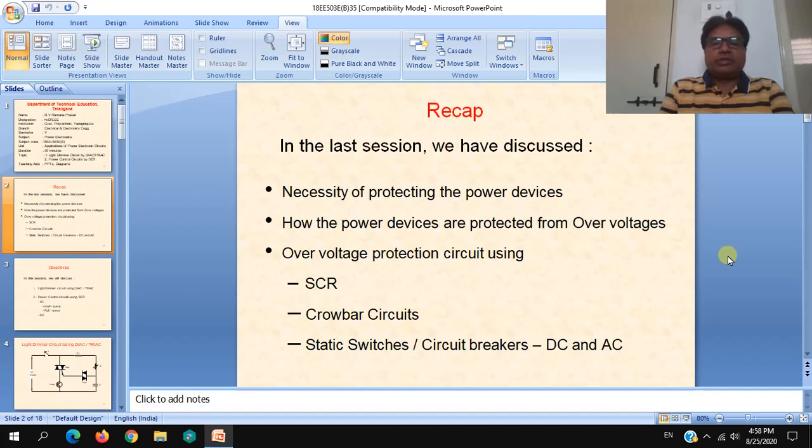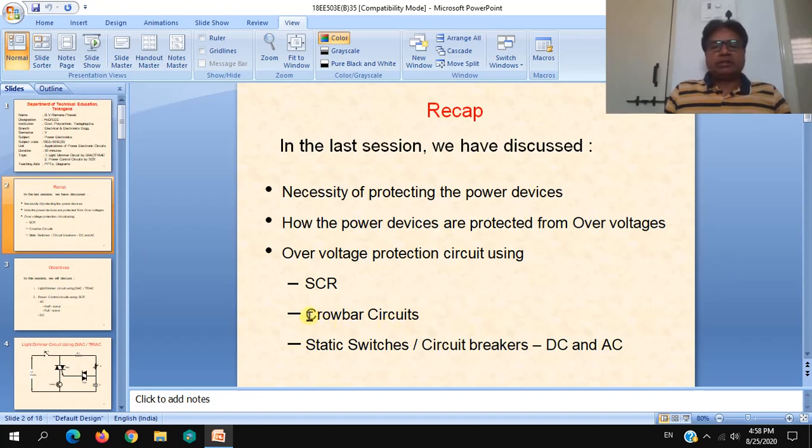In the last session, we have discussed the aspects of protection of power devices from over voltages and the different circuits used for such purpose. Over voltage protection using SCR, where the excess voltage would be consumed in a diverted path provided by the SCR, and the load will be allowed to get its normal voltage even during the over voltage conditions.